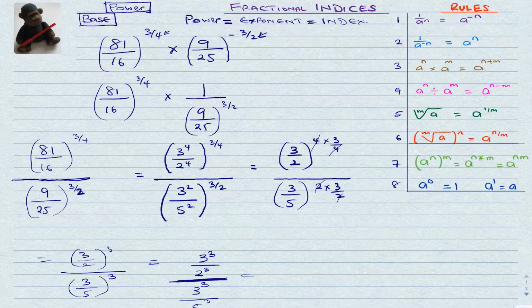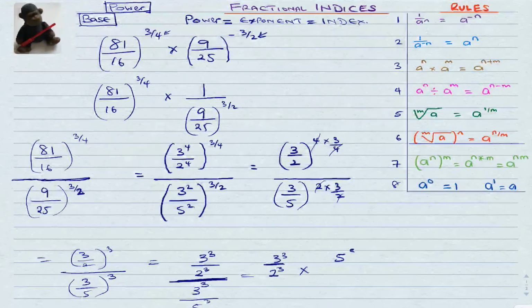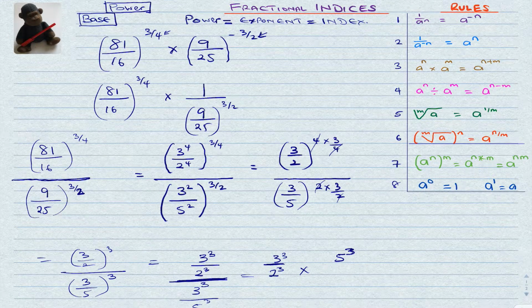So we're going to get 3 cube over 2 cube times, we have to flip the denominator when you turn the divide into multiplication, so that will become 5 cube over 3 cube.